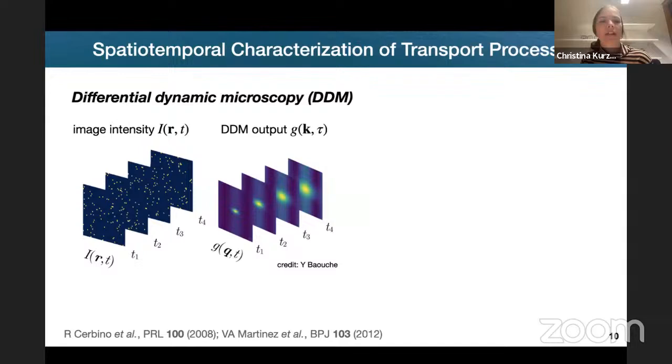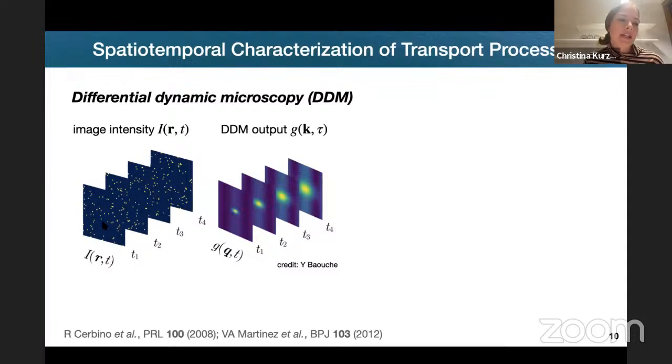I'm sure you've already heard from Thomas Franosch about this method of differential dynamic microscopy, but I'll still repeat some aspects of it for you. So this method is a complementary method to particle tracking, and it relies on, rather than tracking individual cells, measuring image intensities and correlations among those.